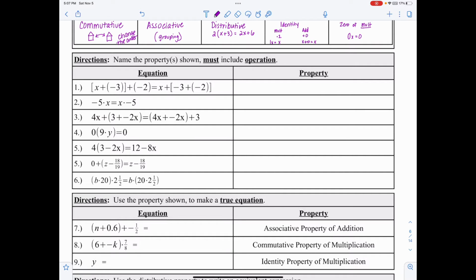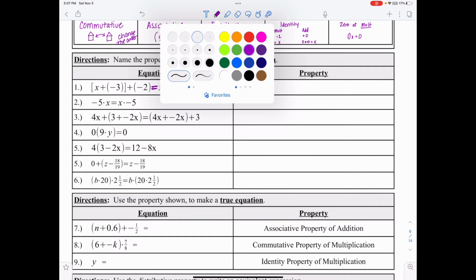Okay, so if we look at these, what we want to be noticing is what's going on in these two equations. So you can see the equal sign here. Okay, so we're looking at what's happening, and I see that there's brackets around the x on the left side, but not on the right. And so it looks like everything else is the same other than moving the brackets. Let me increase the size of this just a little bit.